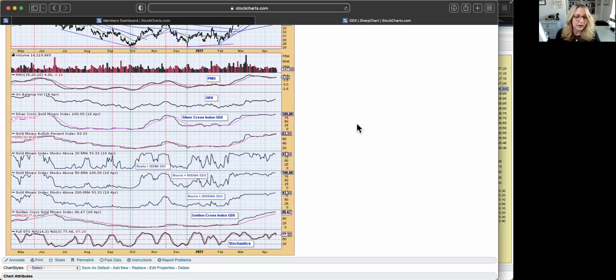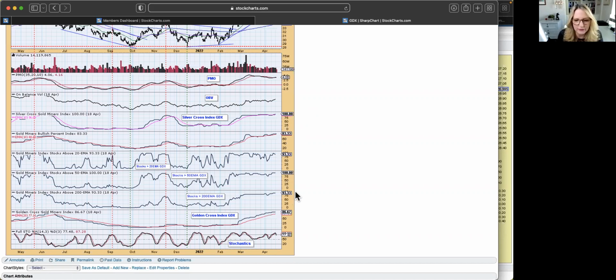So we know how many stocks are above those, but it's really helpful to know how many actually have that bullish configuration in the intermediate term. And in this case, 100% have a 20 above their 50. I mean, how can you beat that kind of participation? We have 93% above their 200-day EMA.